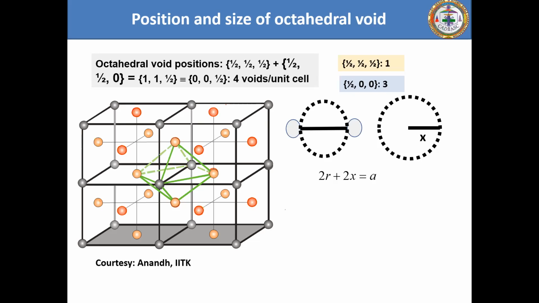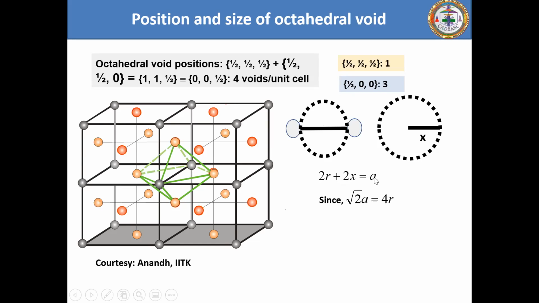If you don't know, you can ask me now, no problem. I think in class 11 and 12 they might have taught this. So if this radius is x, this is 2x; x plus x is 2x, and r plus r. So r plus x plus r plus x is 2r plus 2x, which is equal to a.